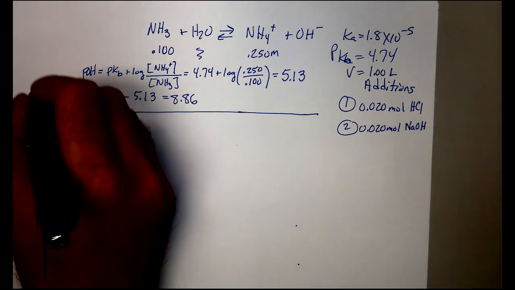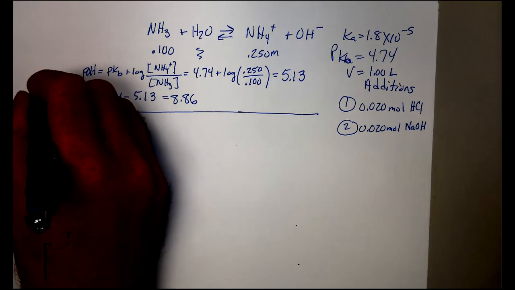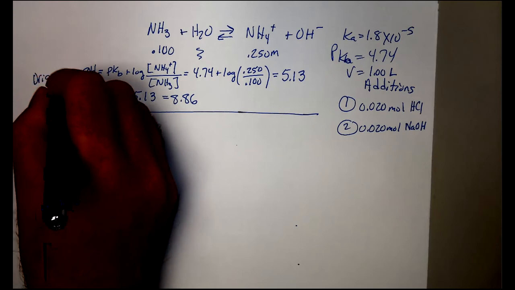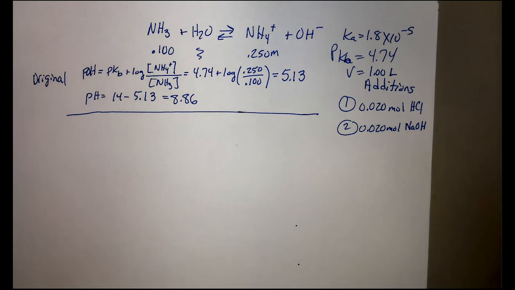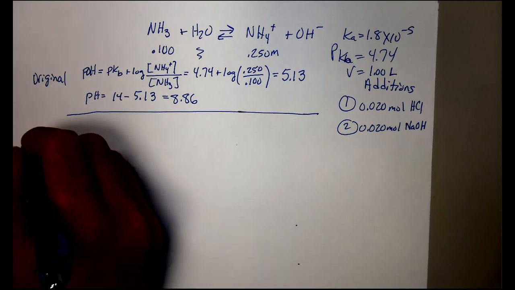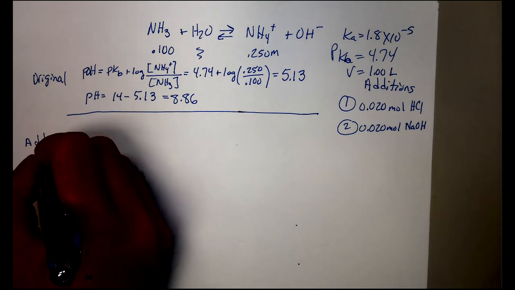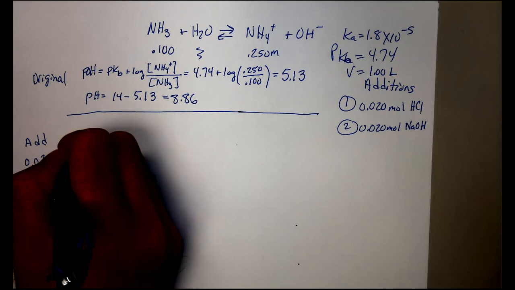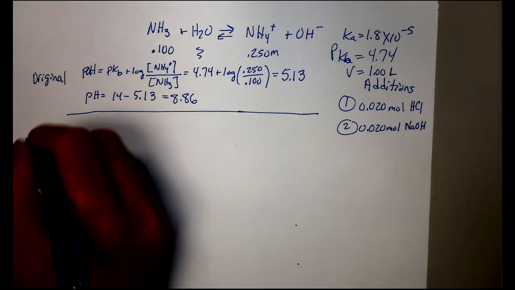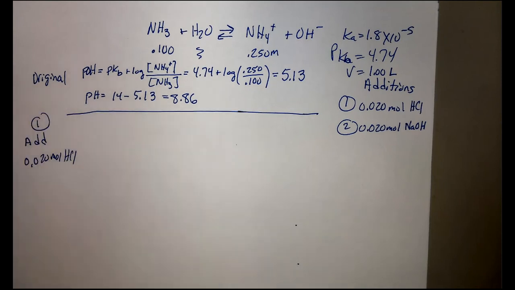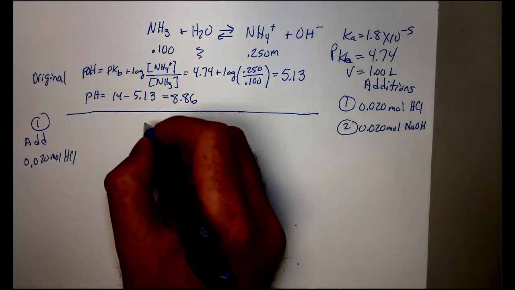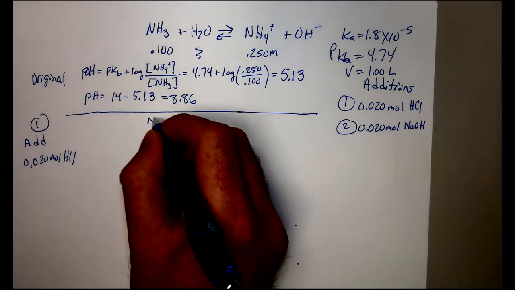So this is the original. Now, here we're going to add our 0.020 moles of HCl. So this is situation 1. We're going to need to take a little look at what's going on.